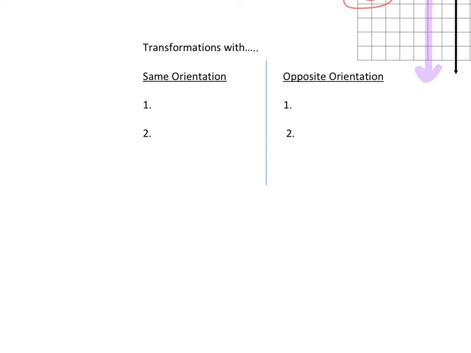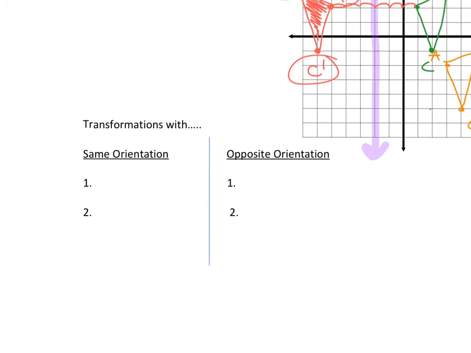Okay, last thing. We have talked about 4 transformations: translation, reflection, rotation, glide reflection. 2 of them have the same orientation, 2 of them have opposite orientation. Can you tell me which ones have which? What is opposite orientation? It's reflected. If there is a reflection, it's opposite, right?